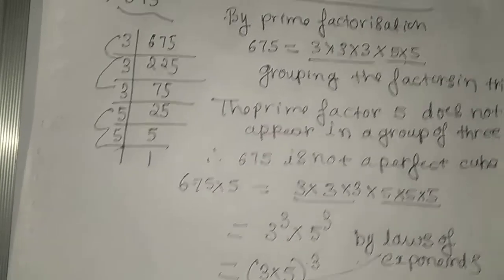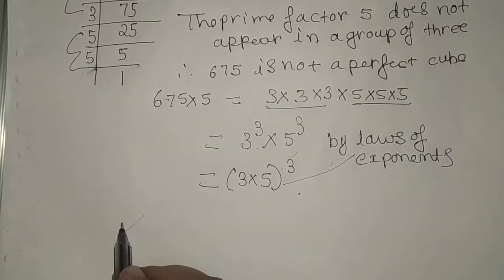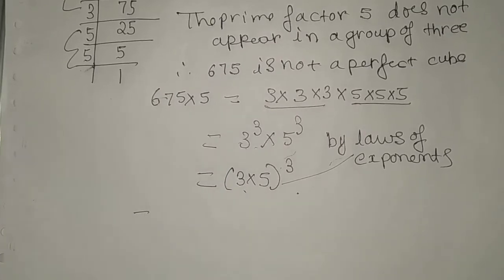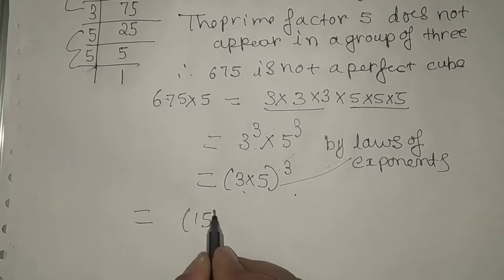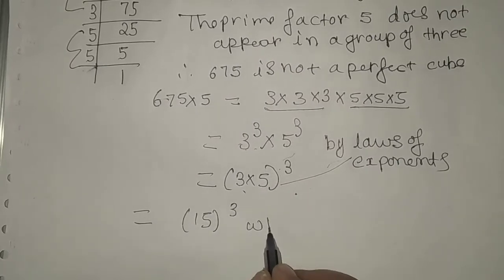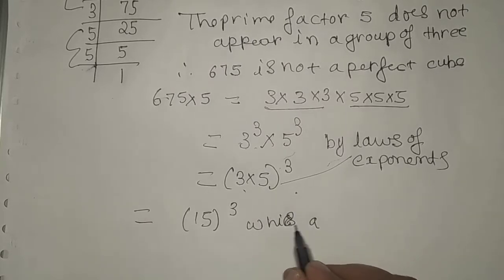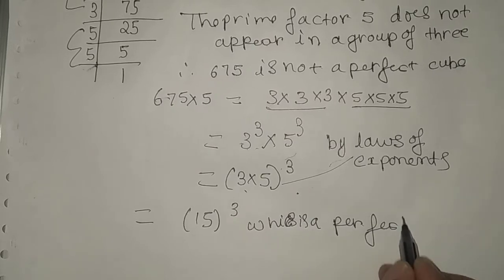Multiplying these two, we get 15 cube, which is a perfect cube.